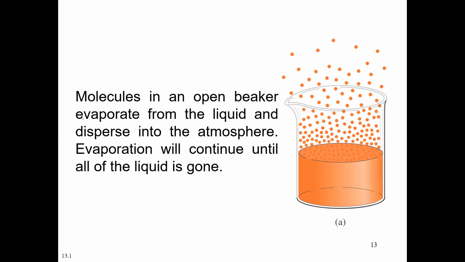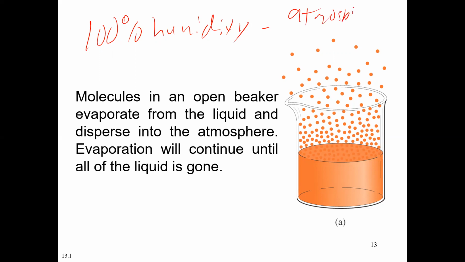So basically evaporation occurs until all the water is gone. What happens if you have 100% humidity? Okay, if you have 100% humidity, that means the atmosphere is full of water, as full as it can be.